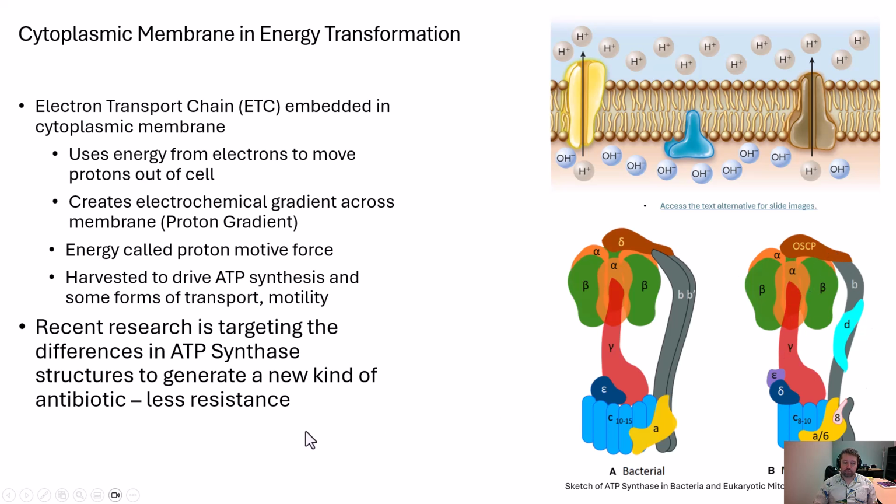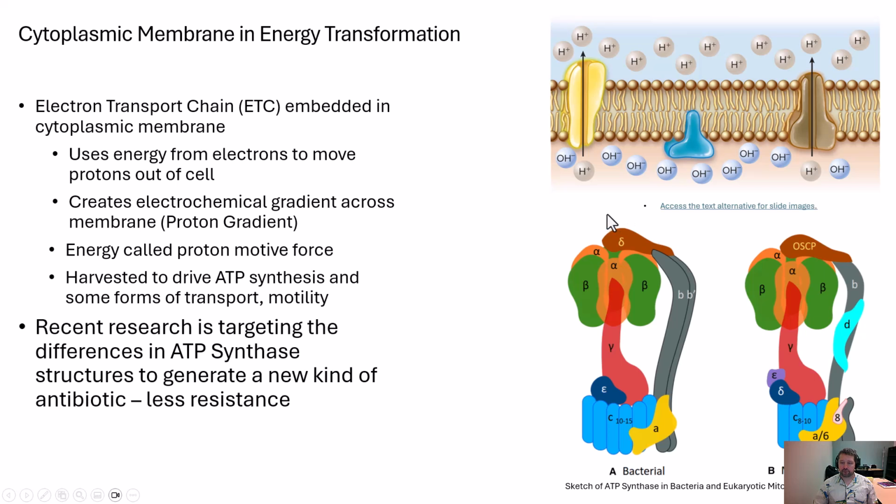What is really a recent advancement in antibiotics is to potentially target the differences in these ATP synthase structures.